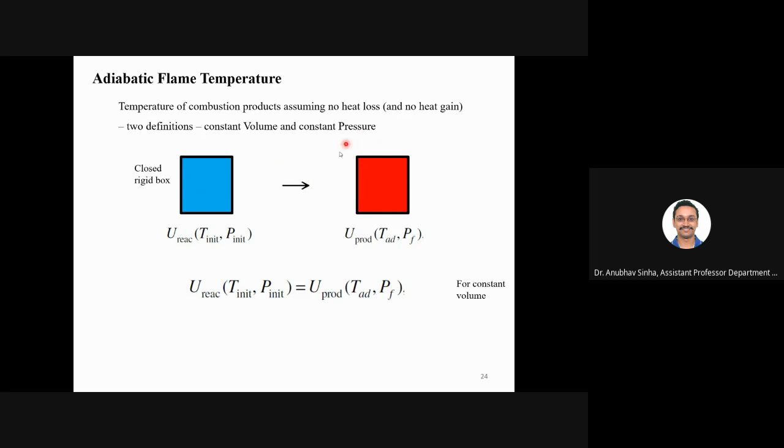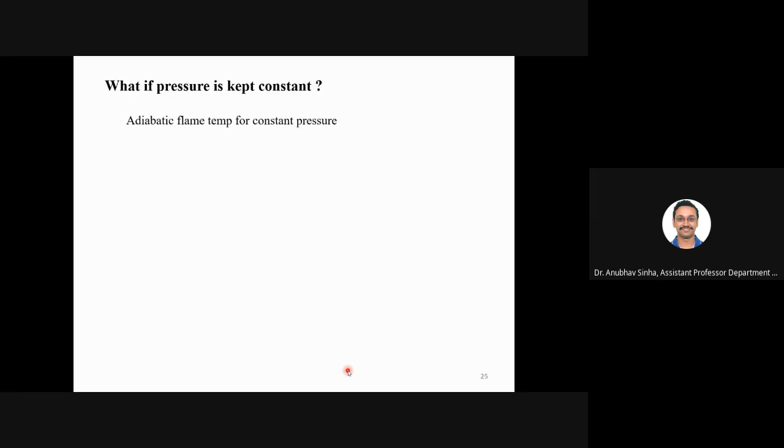Fine. So when there is no heat loss, we define the temperature attained as the adiabatic flame temperature for constant volume. Okay, so this is what I was talking about. It has higher chemical energy, and it has lower chemical energy but higher heat energy, higher temperature. Now what if pressure is kept constant?